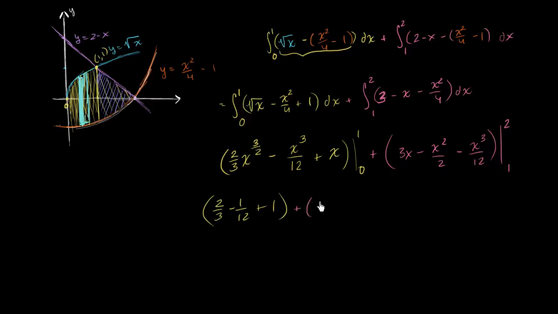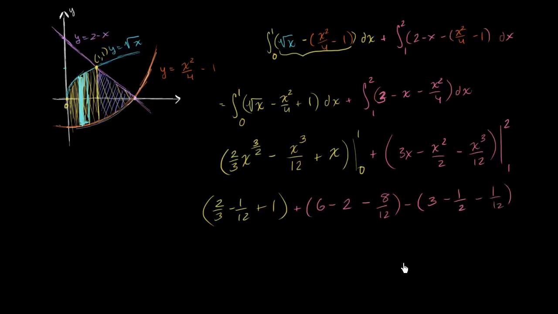You get 6 minus 2 squared over 2, which is 2, minus 8 over 12. Then from that you subtract this evaluated at 1: 3 times 1, so 3 minus 1/2 minus 1 over 12.